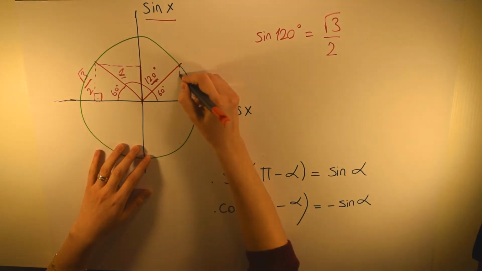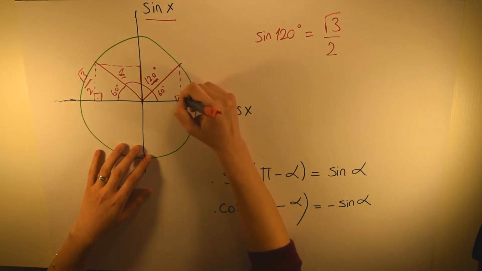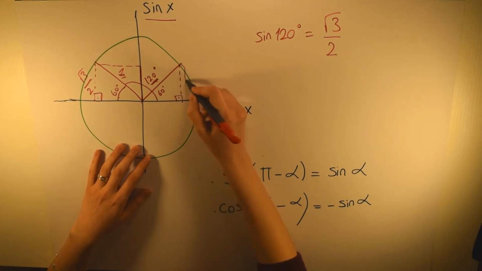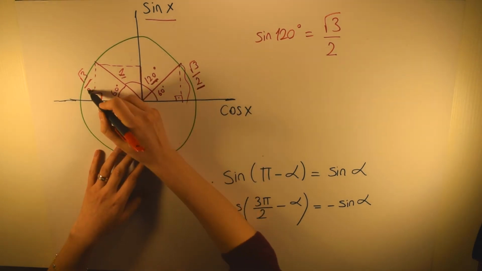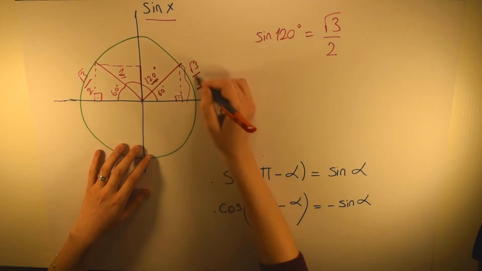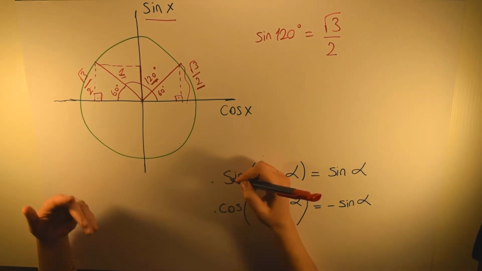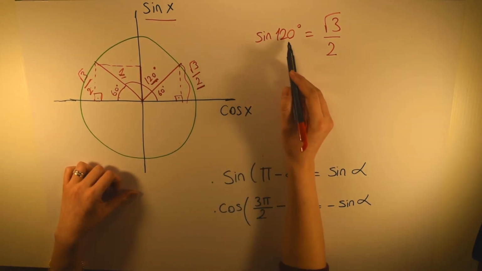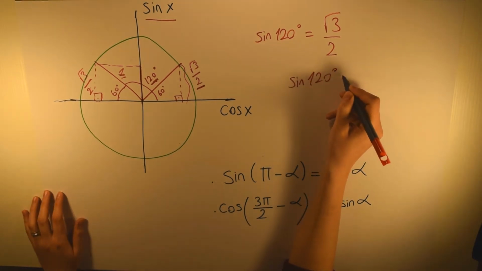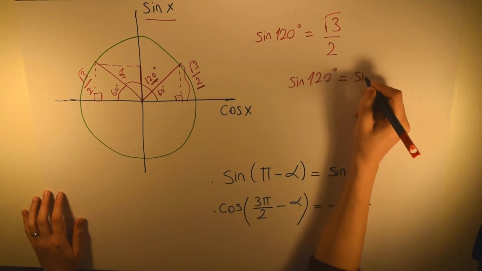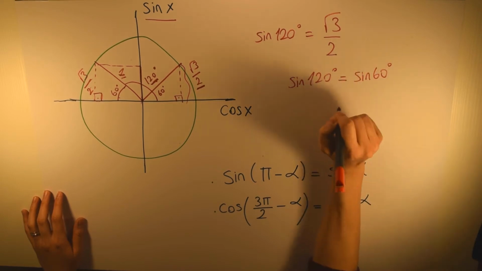So when you also draw your right triangle here, this is also equal to square root of 3 over 2, right? So as you can see, these are all equal to each other, which means we can say that sine 120 degrees is equal to sine 60 degrees.